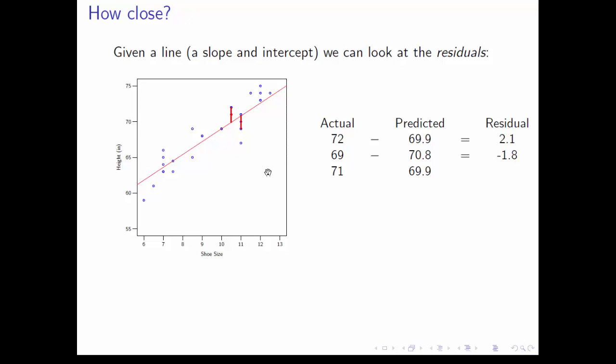So that's my guess for that group of people. So they had a residual of 1.1. And then let's see, 70 inches. Oh, again, sort of underneath that red line. This is by accident, by the way. I'm sorry. But I would have predicted them to be 70.8, and that means they're below the line, negative 0.8.